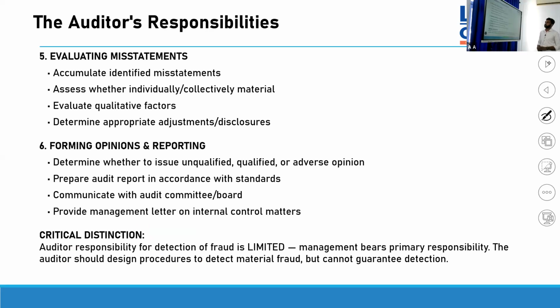Once we complete the audit, we must accumulate identified misstatements in order to assess whether those aggregated misstatements exceed our materiality level or not. In order to find that, we must accumulate our identified misstatements. Let's assume you are a senior in the engagement team, right?